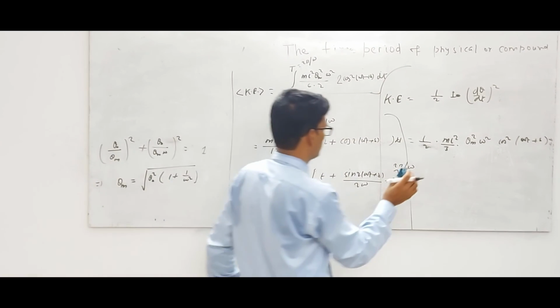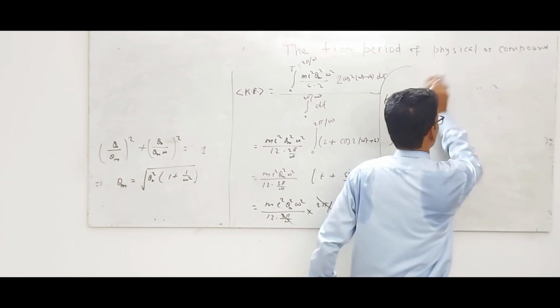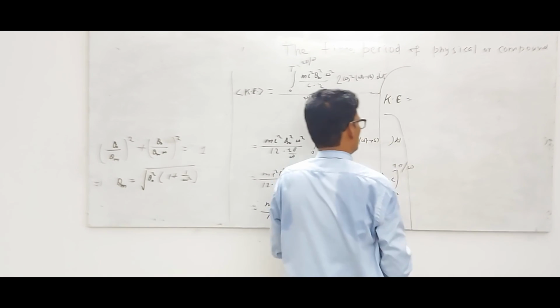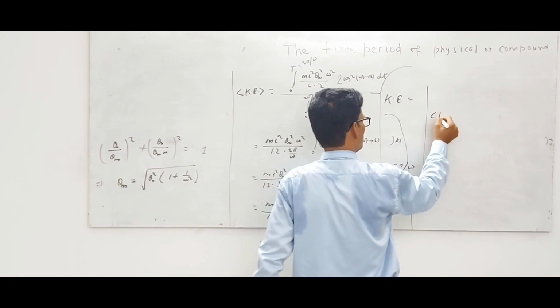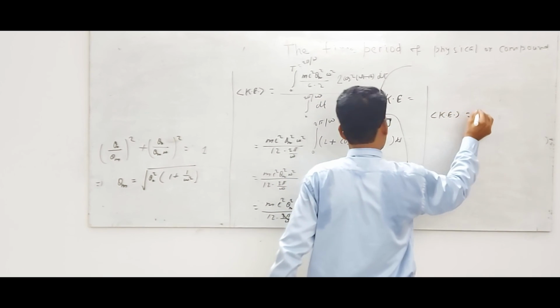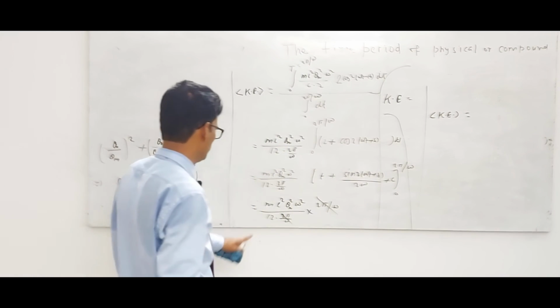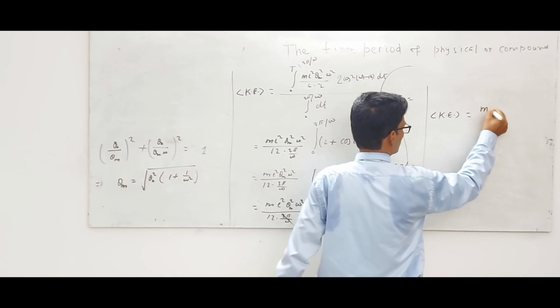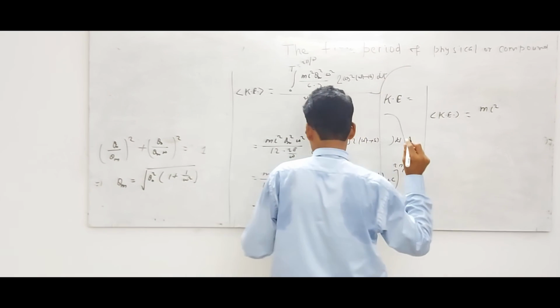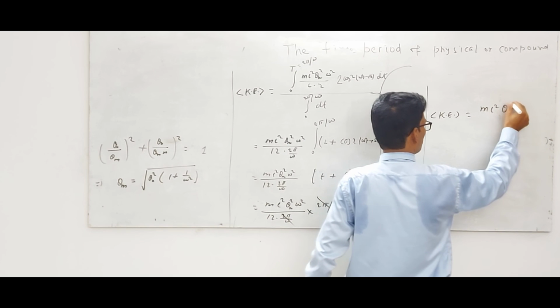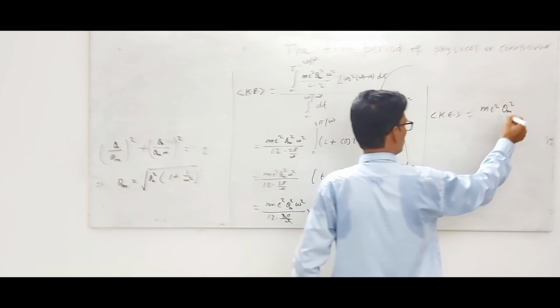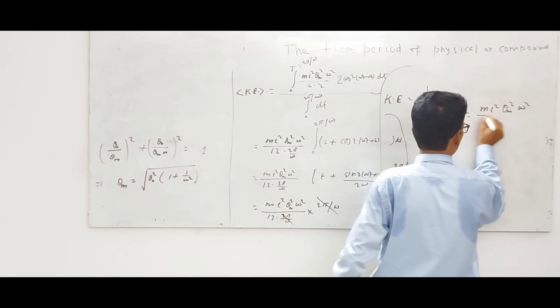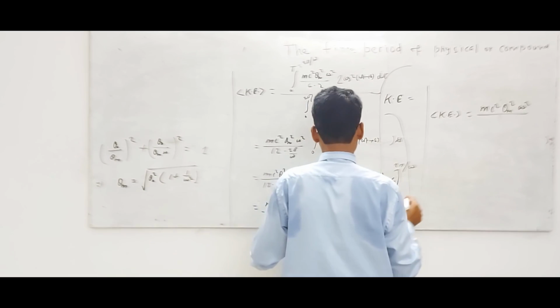Just we have to write in this way here. So average kinetic energy comes out to be ml square theta maximum square omega square over 12.